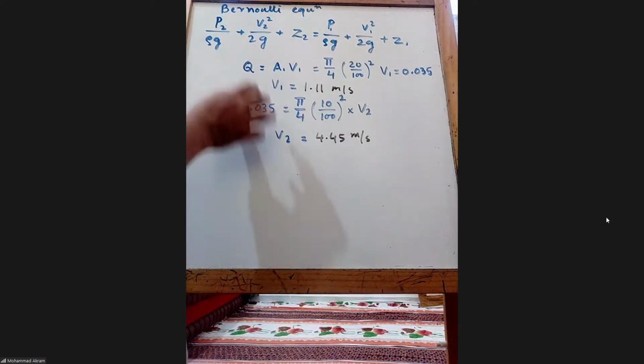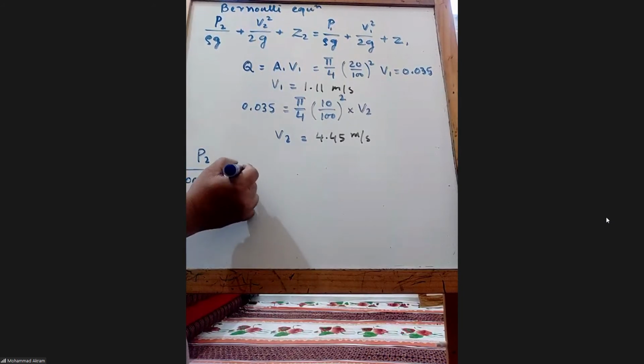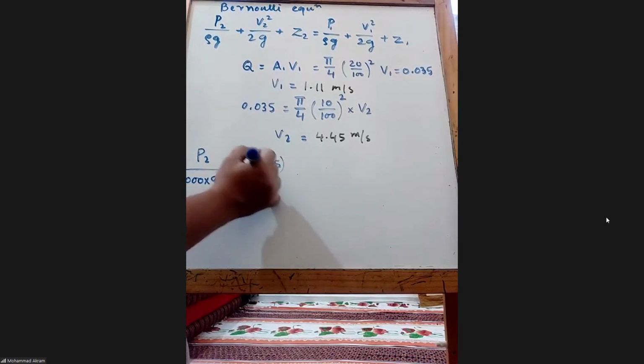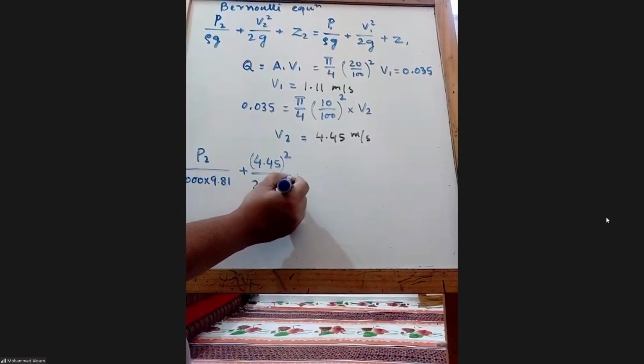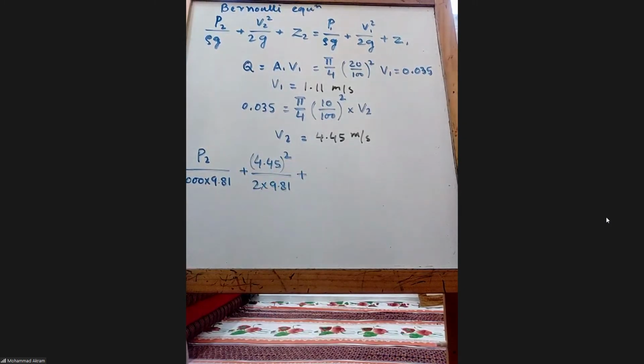Now please put the values in this equation and find the unknown. What is the unknown in this equation? The second pressure. Yes. So keep P2 as it is, divided by rho g. What is the value of rho for water? 1,000, into g is 9.81, plus V2, we got this 4.45 square divided by 2 into 9.81, plus Z2.